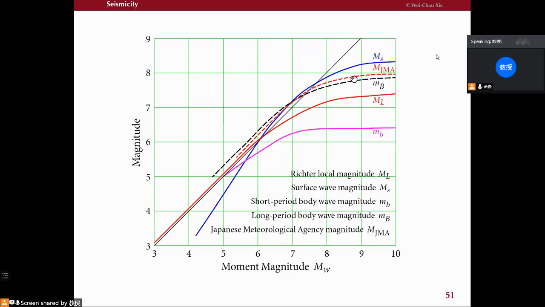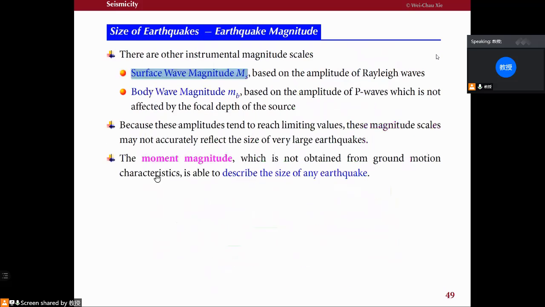Because these amplitudes tend to reach limiting values, these magnitude scales may not accurately reflect the size of very large earthquakes. The moment magnitude, which is not obtained from ground motion characteristics, is able to describe the size of any earthquake.